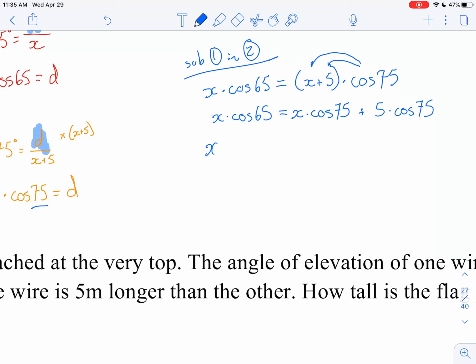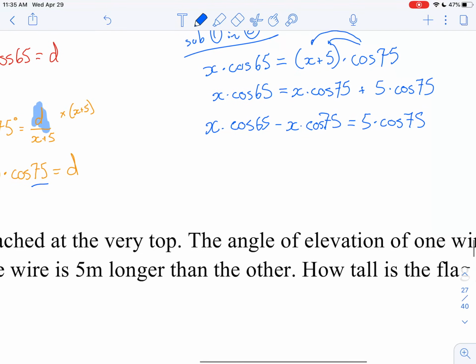So we're going to have x times cos 65 minus x times cos 75 is equal to 5 times cos 75. So 5 times cos 75, it's just a decimal, it's a number. I know it looks ugly because there's cos 75 in it, but a cos 75 is just a decimal.